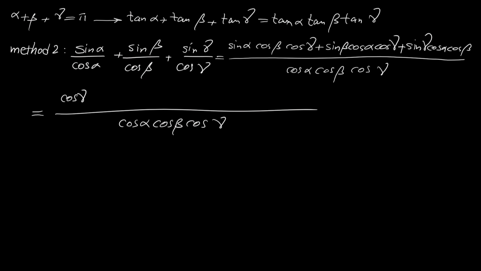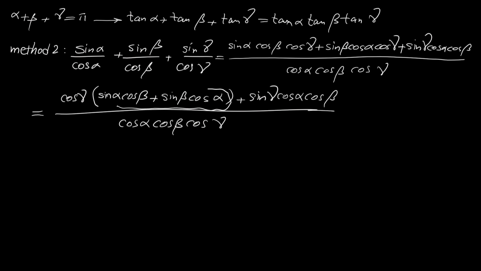Then we have sine alpha, cosine beta, plus sine beta, cosine of alpha. And don't forget the last term, sine of gamma times cosine alpha, cosine beta.